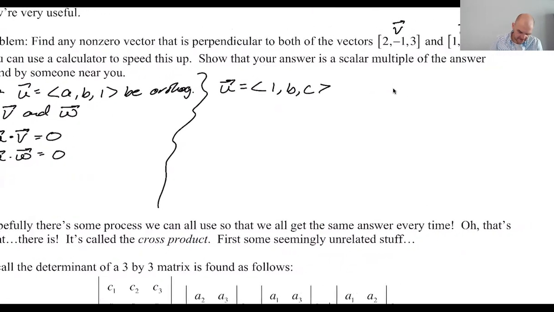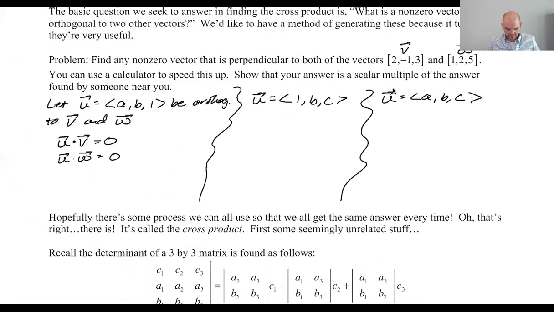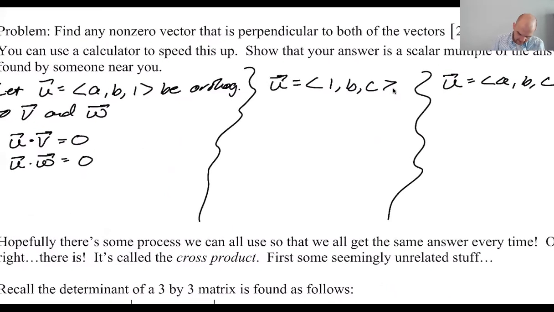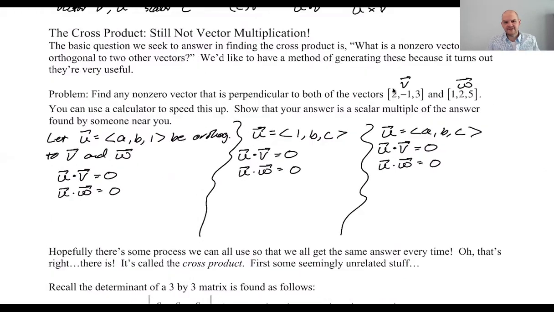And then also, maybe I'll do it a third time where I let u equal a, b, c. All of them are going to have the same system, so I'm just going to copy that, duplicate u, and go to the calculator and see what we can do.